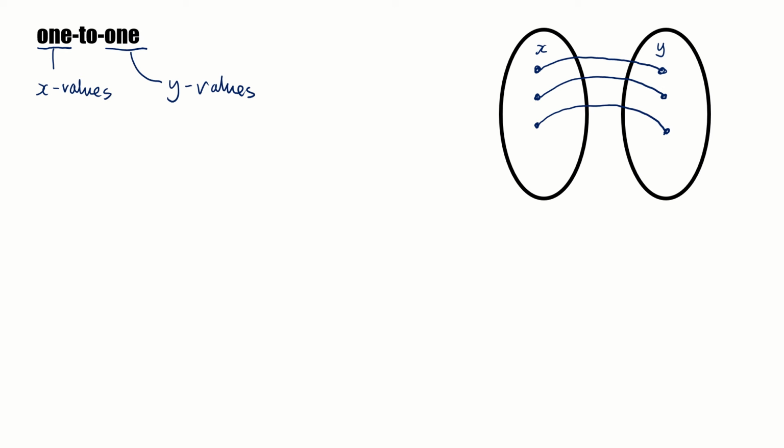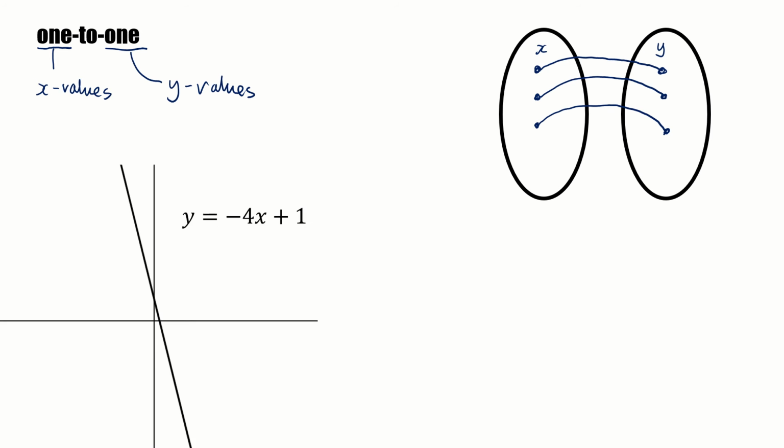Okay, so that's what a mapping diagram looks like, but how does this look if we're looking at graphs? One example of a one-to-one mapping is basically any diagonal straight line. An example I've chosen is y equals minus 4x plus 1, because you can pick any x value, let's say the one here, and go to the straight line and find that there's only one point on that entire line where that x value appears, hence why it's 1 as the first word in the mapping.